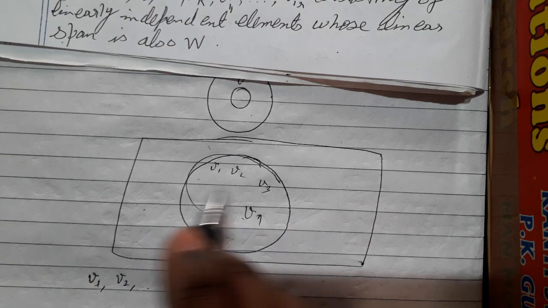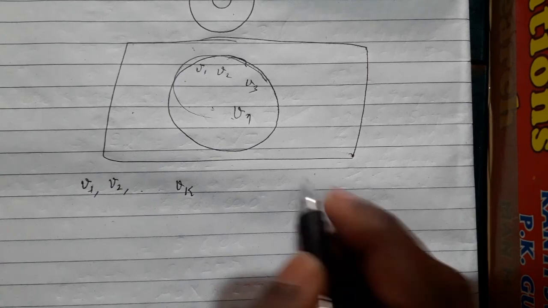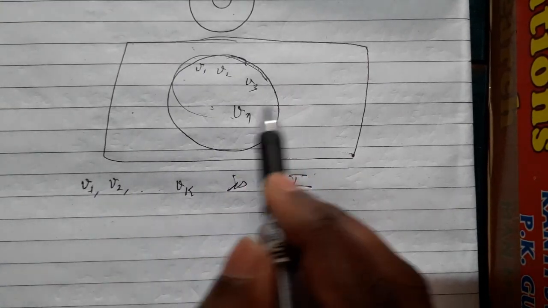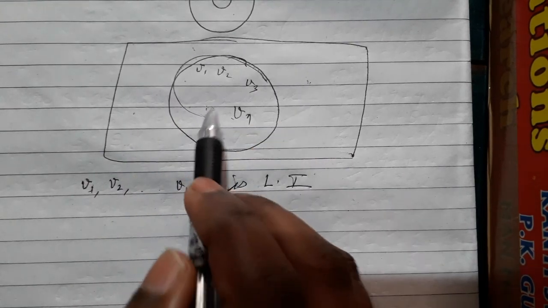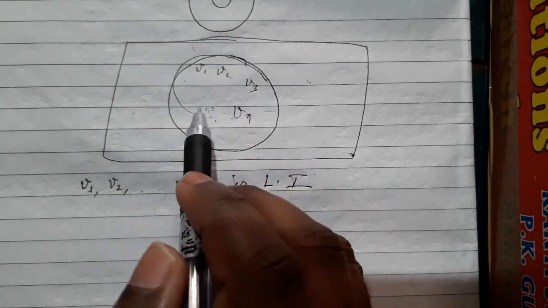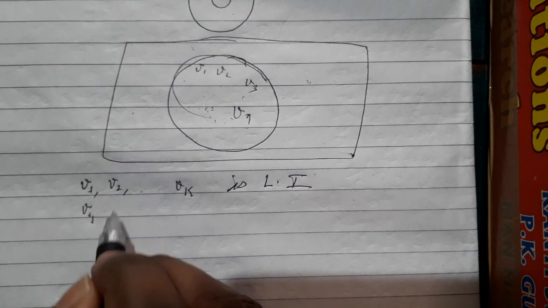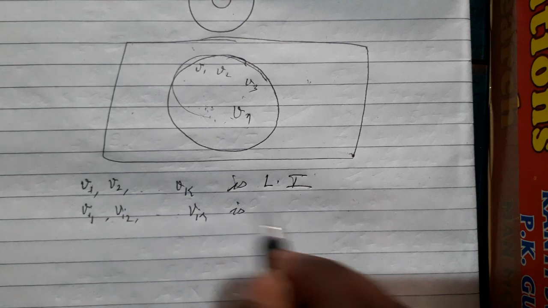Then we can collect some vectors from here, suppose vi1, vi2 till vir, which is also linearly independent.